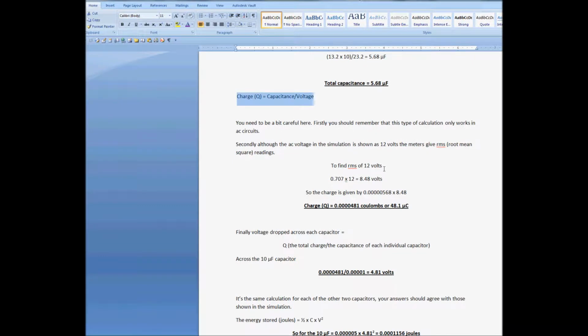As I said before, we have to be a little bit careful with the voltage because we're using an RMS value. And I'll show you here how to work out an RMS value. So for example, the RMS of 12 volts is 0.707 times 12. You would use this 0.707 any time you wish to find the RMS value of a sine wave.